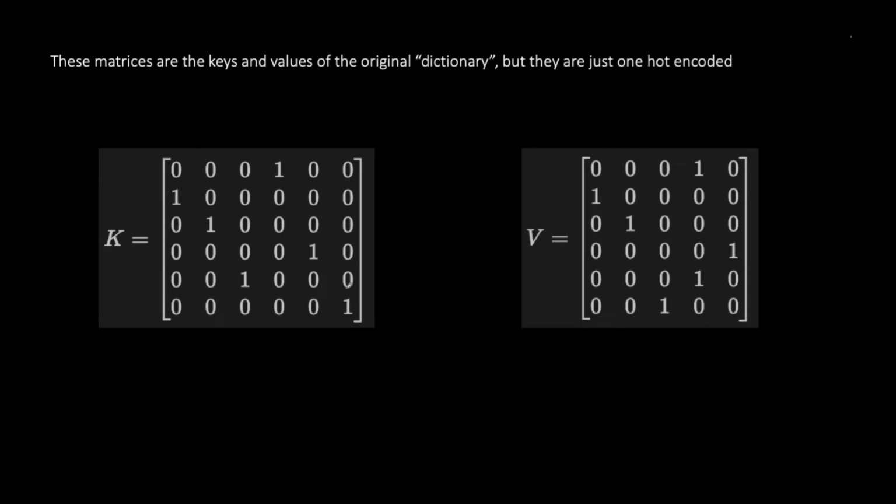If you show these matrices, this is the keys matrix and this is the values matrix. And what we're saying is that if you have one word here, the same entry here would be the corresponding value in the dictionary. All right, so this is another way of representing the same information.